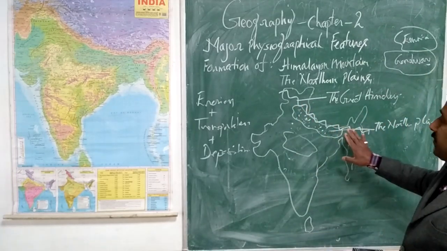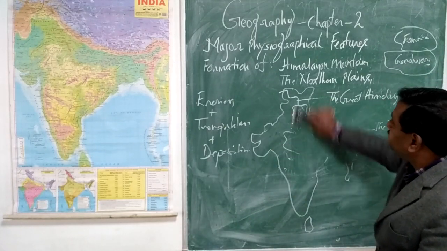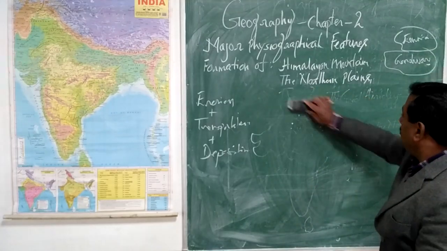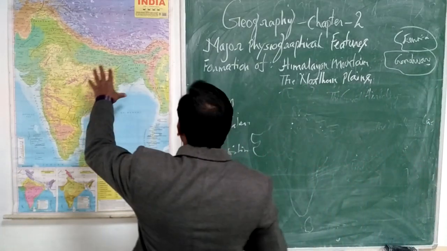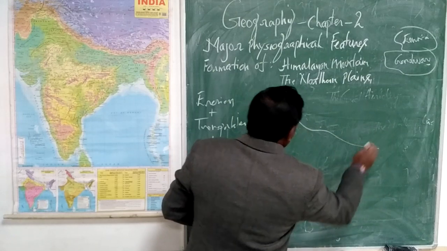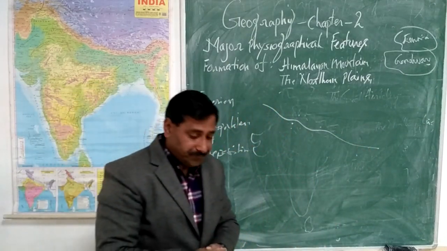Now these rivers, when they travel toward the lower slopes, you can divide these rivers, your river Indus, Ganga and Brahmaputra, into various channels.